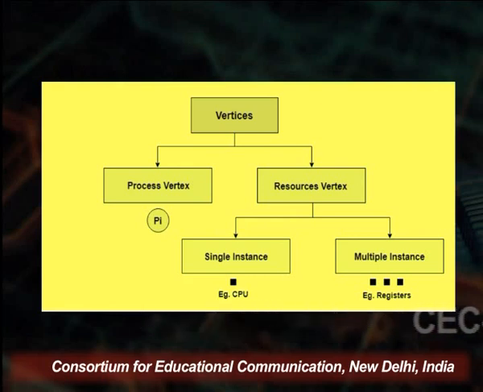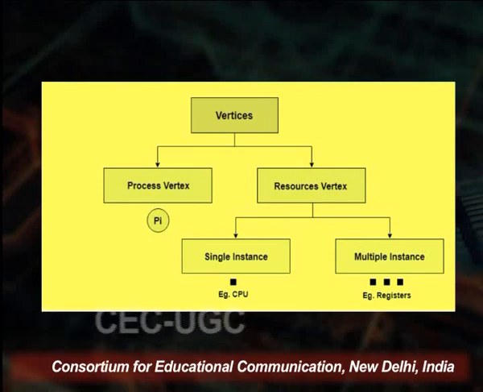Single instance resources are resources whose multiple copies are not available. For example, in a single core system, the CPU is a single instance resource. An example of a multiple instance resource is printers, because in a system we can have multiple printers. Another example is registers.